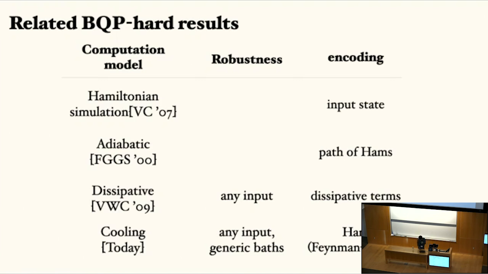In some sense, the message of this universal computation by cooling is that a very low temperature bath is extremely powerful. That's what we try to say. And it's slightly more robust than what previous models have considered, in the sense that we only choose a Hamiltonian, and the rest is given by nature.